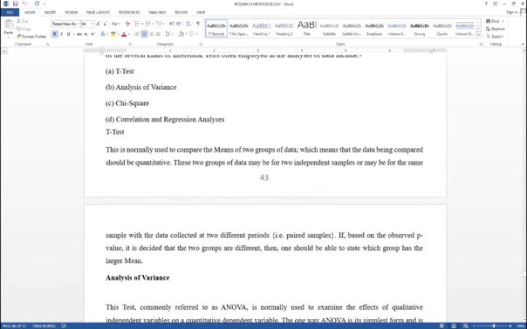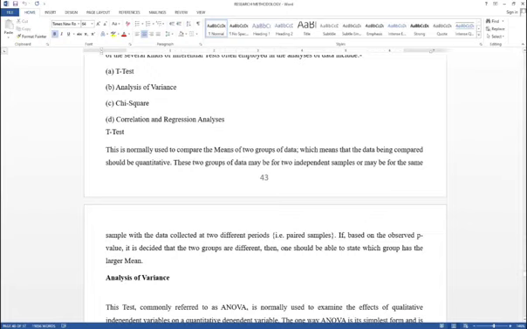So the samples could be completely different samples, or they can be the same samples, but the difference is that they were collected at two different periods. Take for instance, you're collecting samples on a monthly basis for a period of maybe 6 to 8 months. The sample you collected in the month of March will be different from the sample you collected in the month of April. They are the same samples but at different periods.